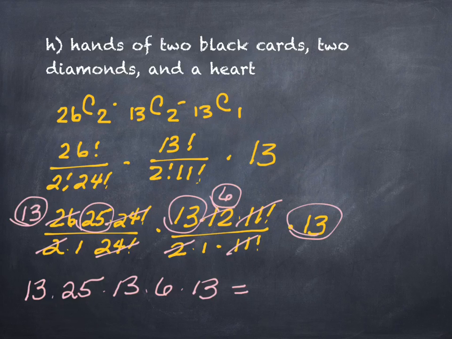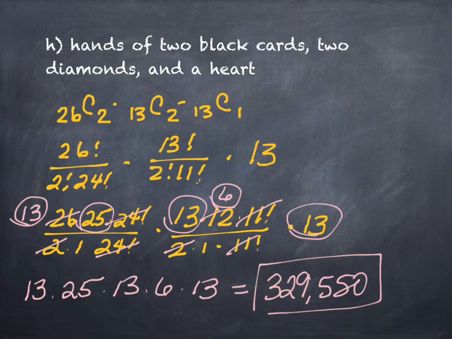What do you have, Brittany? Okay, that's what I have written down. Does anybody else get that too? Brendan did? Okay. So this is my number of ways. So lucky you, you're one of 329,550 folks who could get this. That's why it's so special, right? Yeah. All right.